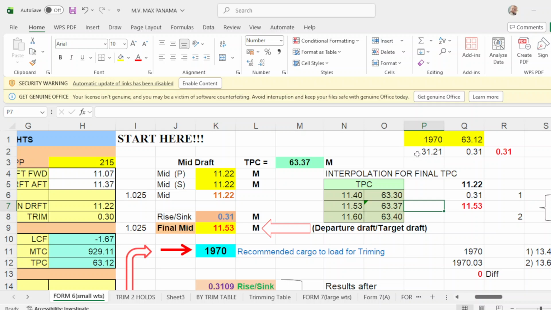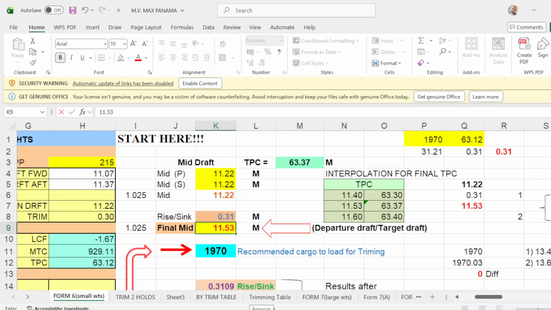Divide this by 100, that will be 0.31 meters. Now your initial mean is 11.22, and you add the value of your cargo in meters. So this will be your departure draft or your final draft, which is 11.53.